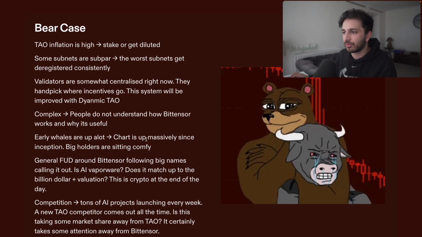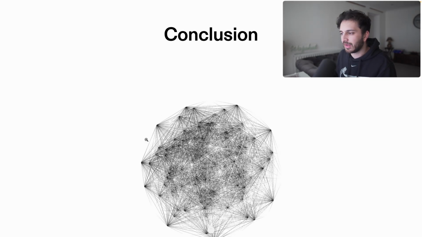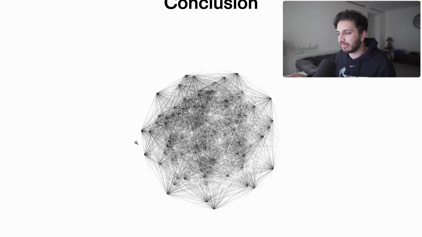Overall, I think I've got a fairly good balance between bull case and bear case. I think you guys know what my opinion is. I'm a big fan of Bittensor. I really do like some of the different subnets that are currently available. I think they offer incredible value, especially some of the more innovative ones like protein folding. I think, yes, there are sub-quality subnets, but hopefully they will be improved in due time.